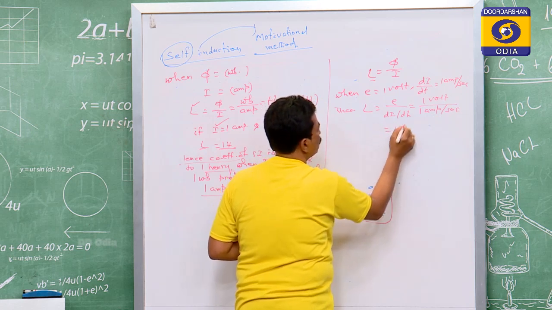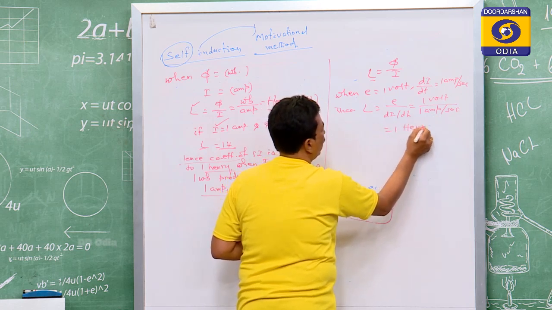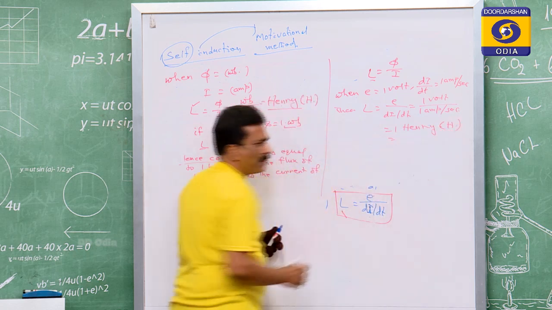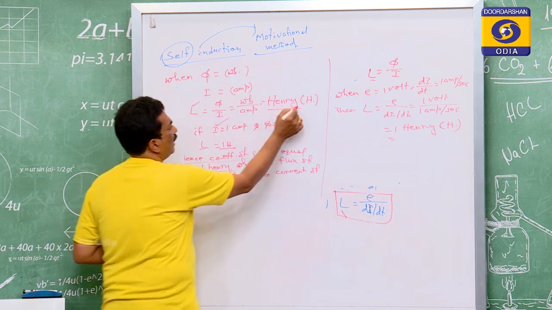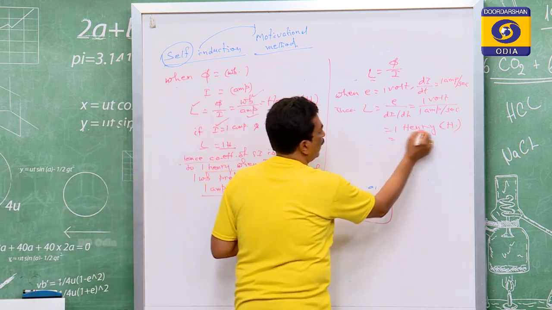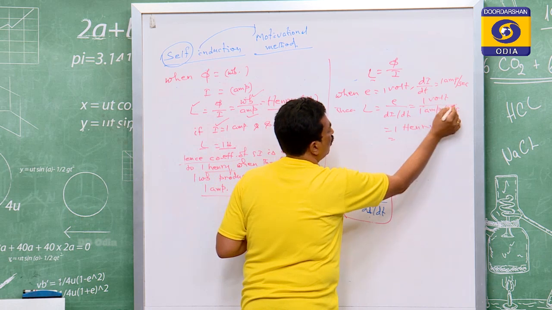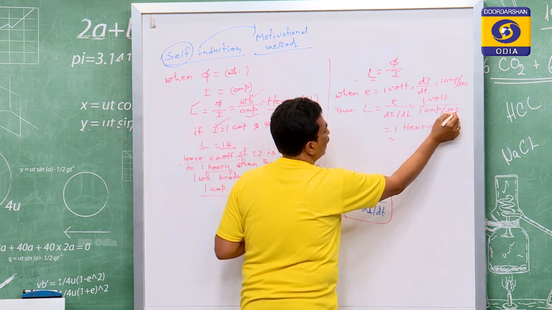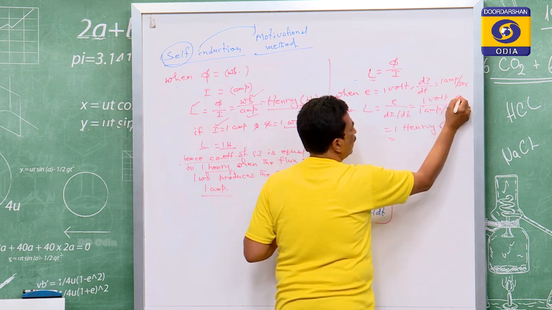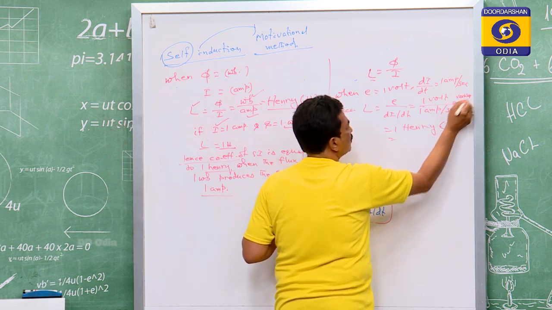So this is also the 1 Henry, that is the capital H. You see, the Henry is equal to Weber by ampere. Here, Henry is equal to volt by ampere by second. So this volt by ampere by second you can also write as volt into second by ampere.